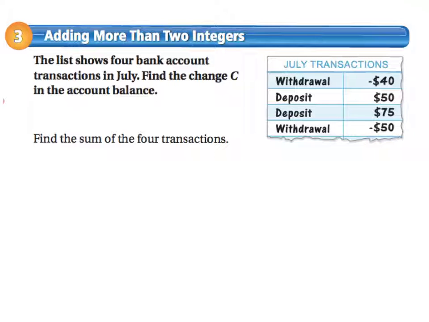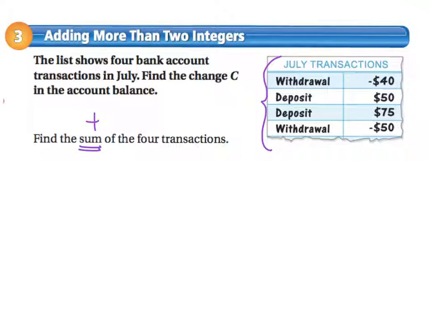And last but not least, sometimes you're going to be adding or subtracting integers with story problems. So we have a list over on the side about how much money was withdrawn or deposited into a bank account. And what we have to do is find the sum of those transactions. Remember, sum is adding.